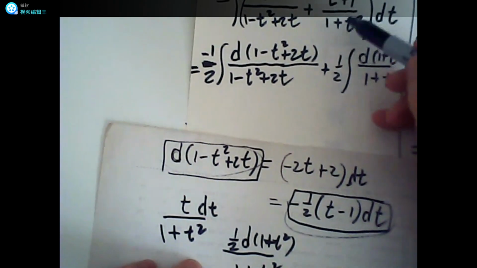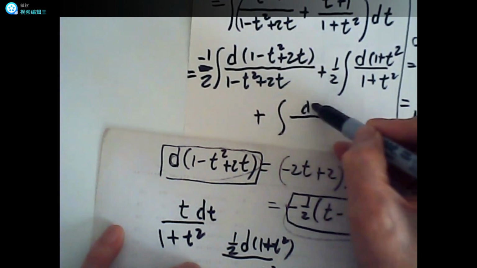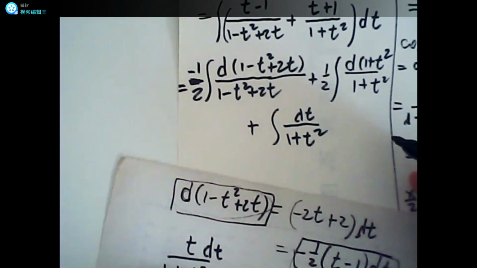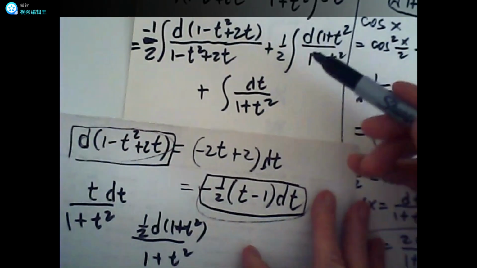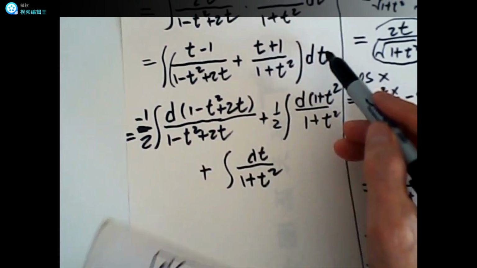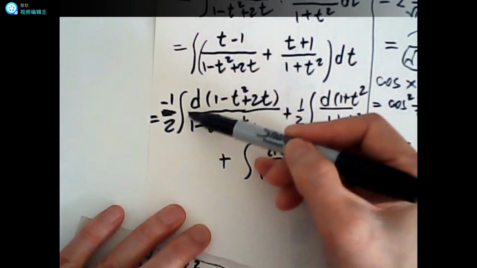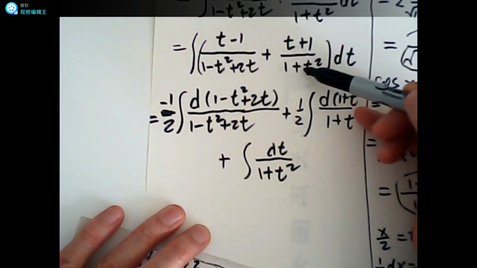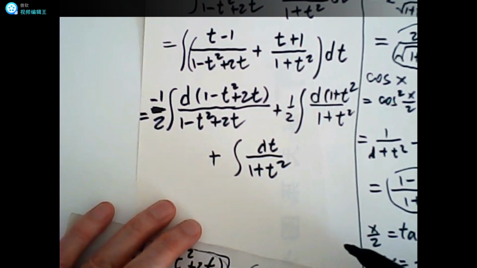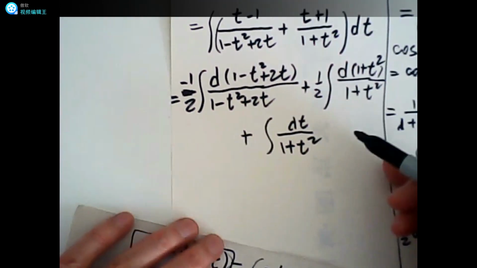And there's one more left, plus the integral of dt over 1 plus t squared. So I split this integral into three parts. This over this is this. This over this is this. 1 over that is this. Each of them can be done.